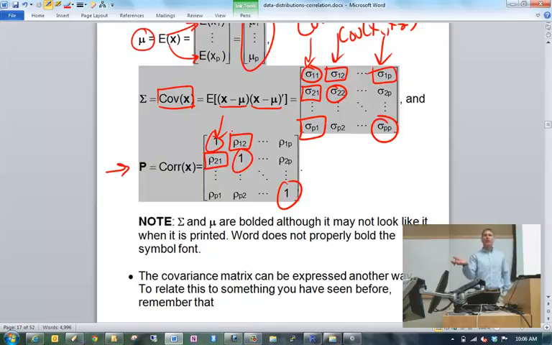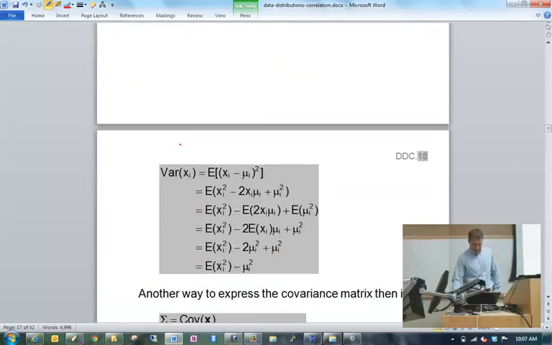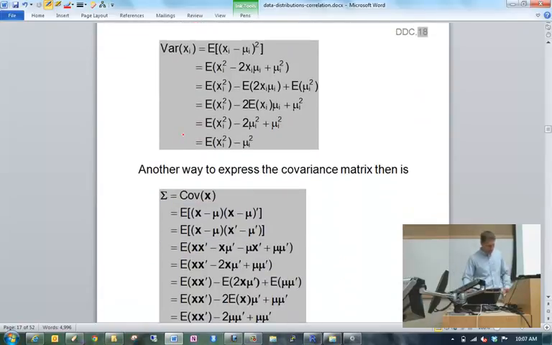And we saw how these correlations came about. So that means if I know the covariance matrix, can I get the correlation matrix? Yes. Because everything that you need in that correlation matrix is contained in the covariance matrix. Okay.